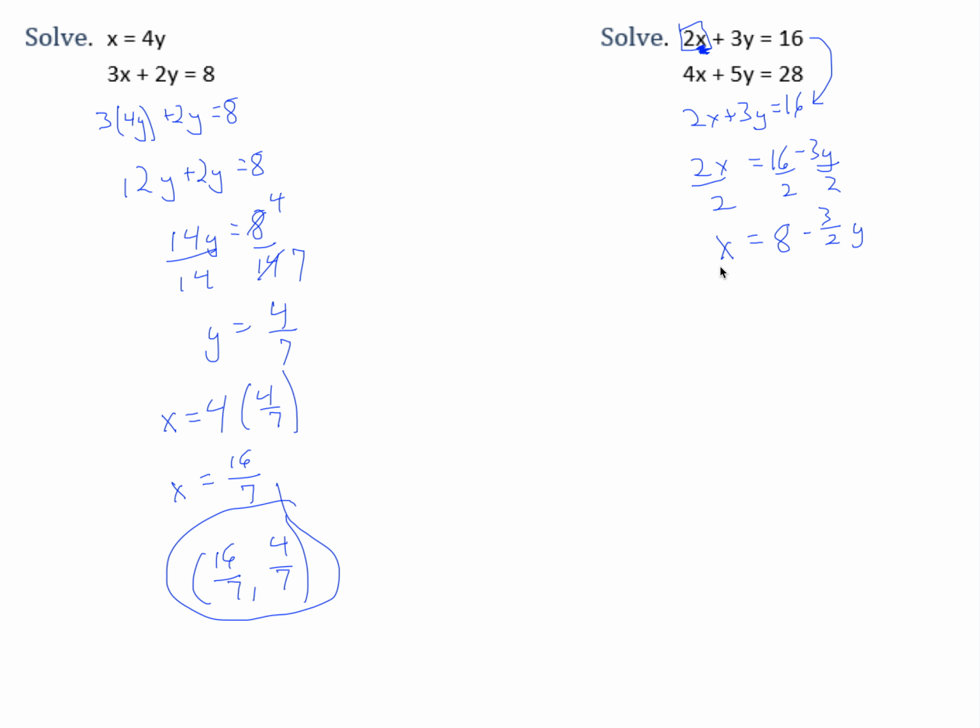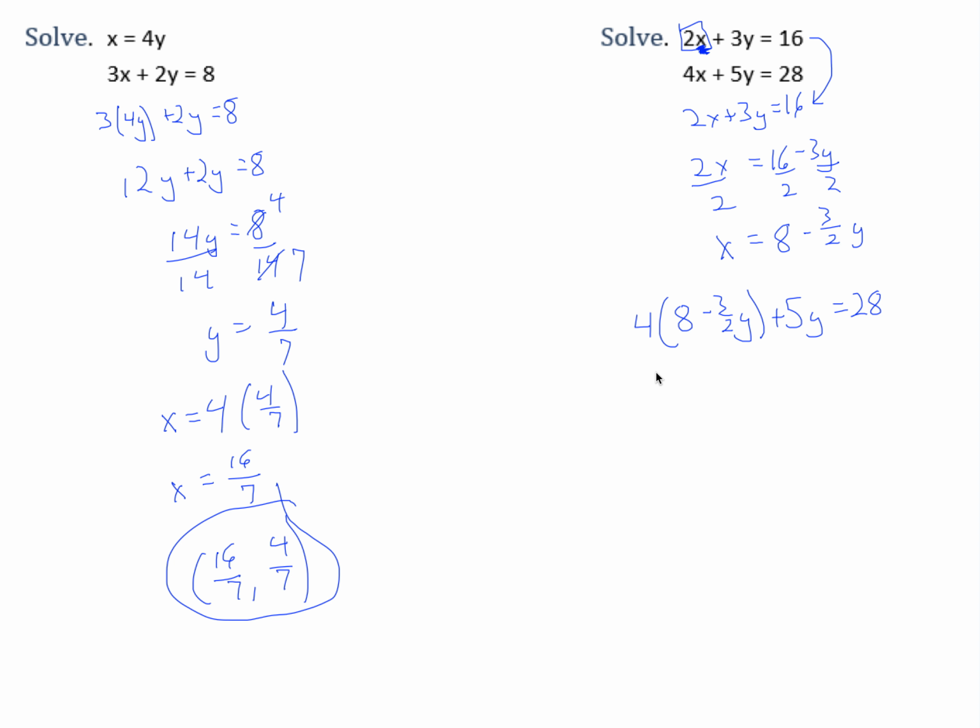So since x is equal to 8 minus 3/2 y, in any other equation, like this one, we can take out x and put in 8 minus 3 over 2 y. So let's do that. We have 4 times x, but x is 8 minus 3/2 y, so we're doing this expression plus 5y equals 28.